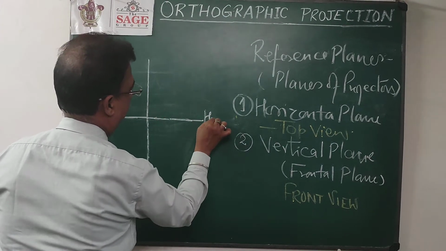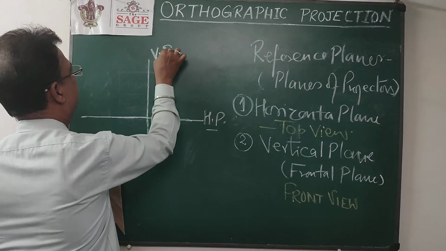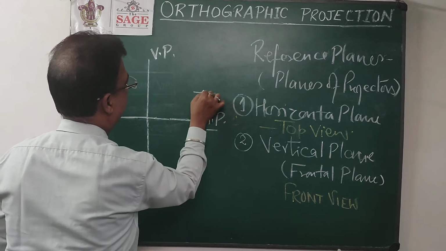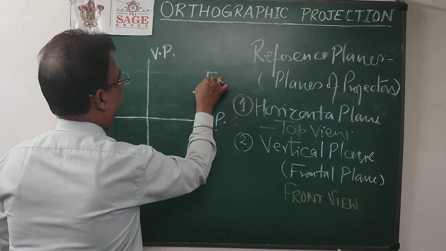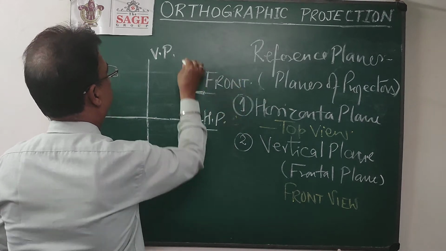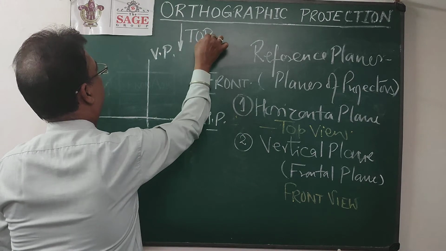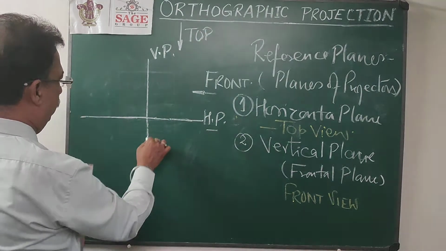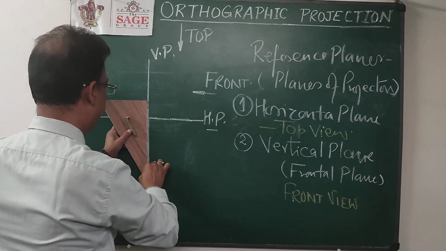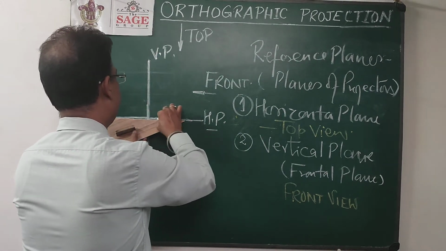Actually, this is our horizontal plane, in short we call it HP, and this is VP, and this is the location where the observer is stationed. This is the front location, and this is the location for the top when we are looking from the top. So these two planes will be perpendicular to each other and they will bisect each other.